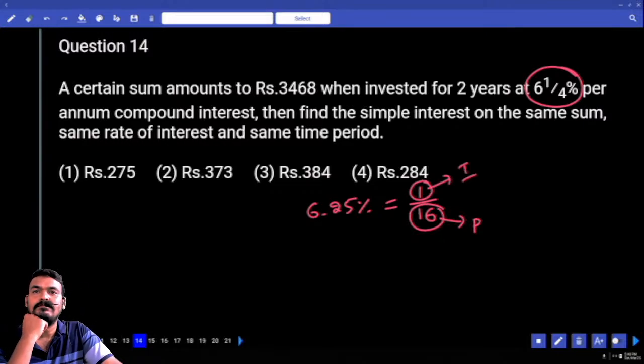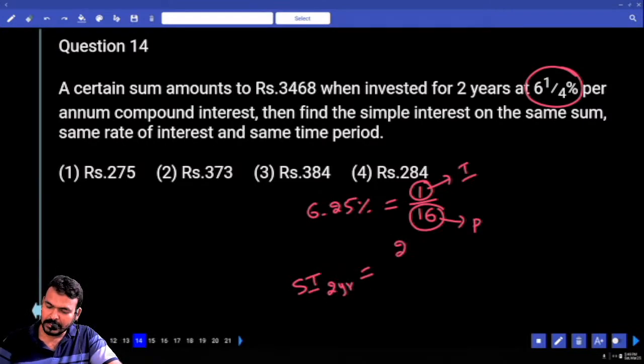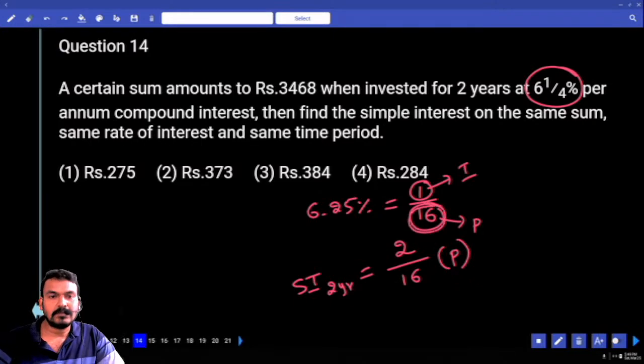Interest is 1 part. It is 1 year interest. 1 year interest is 1 part, 2 years interest is 2 parts. We required simple interest for 2 years, which means 2 parts of interest out of 16 parts of principal, that is 2 by 16 of the certain principal. Principal is how many parts? 16 parts.